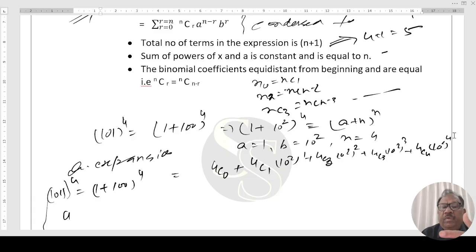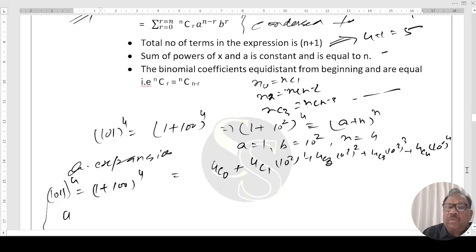Because sum of powers of a and b is constant, एक स्टार्ट मैक्सिमम करेंगे, a की पावर 4, b की पावर 0, that is 1. 4c0 1 2 3 4, a is 1, any power answer is 1.